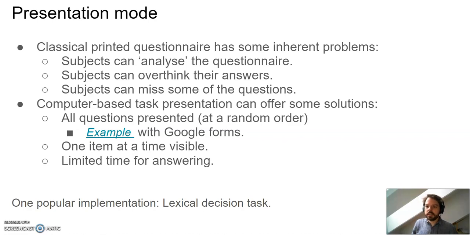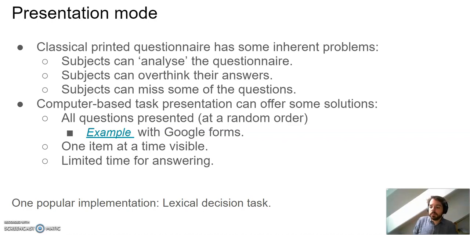What do I mean by that? They can go back and forth. They can compare questions and try to figure out what the questionnaire is about. We don't want that usually. They can also overthink their answers. They can spend more time on certain items, very little time on others, or just generally do deep reflection on their answers, where you want them actually to spontaneously react to some items.